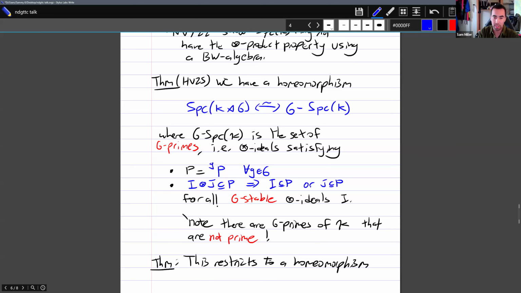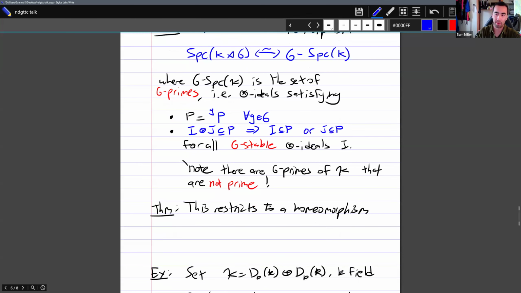And so note, because we're only checking these for G stable tensor ideals, these G primes of K may not actually be primes in the usual sense. And so this will come into play. And so what I've shown is that this can also be used to determine the complete prime spectrum.